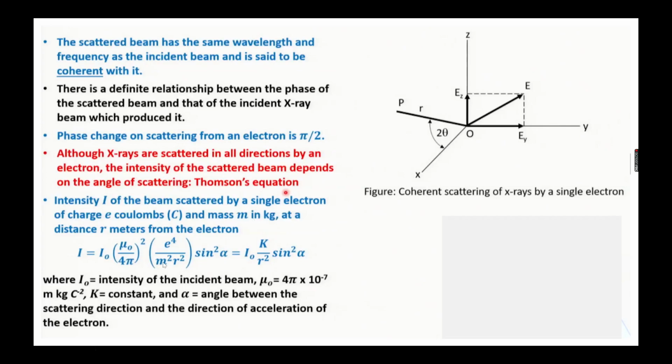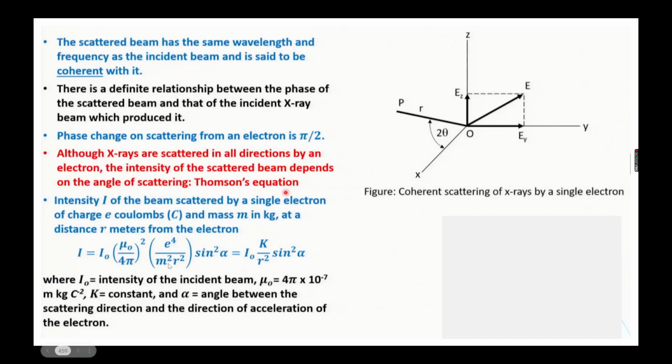In the formula, I equals I naught times mu naught upon 4 pi whole square, times e to the power 4 divided by m square r square, into sine square alpha. The mu naught upon 4 pi whole square into e to the power 4 divided by m square becomes your constant k, where r is the distance, alpha is the angle, and I naught is the intensity of the incident beam.